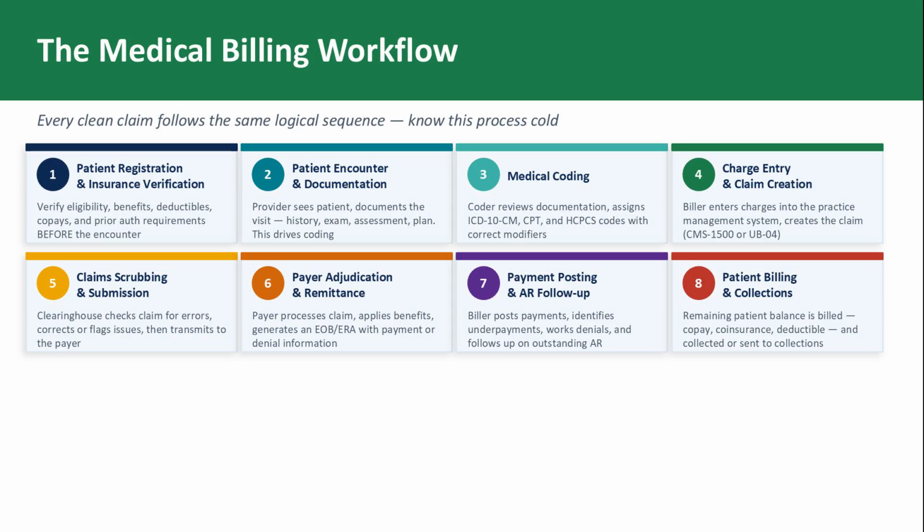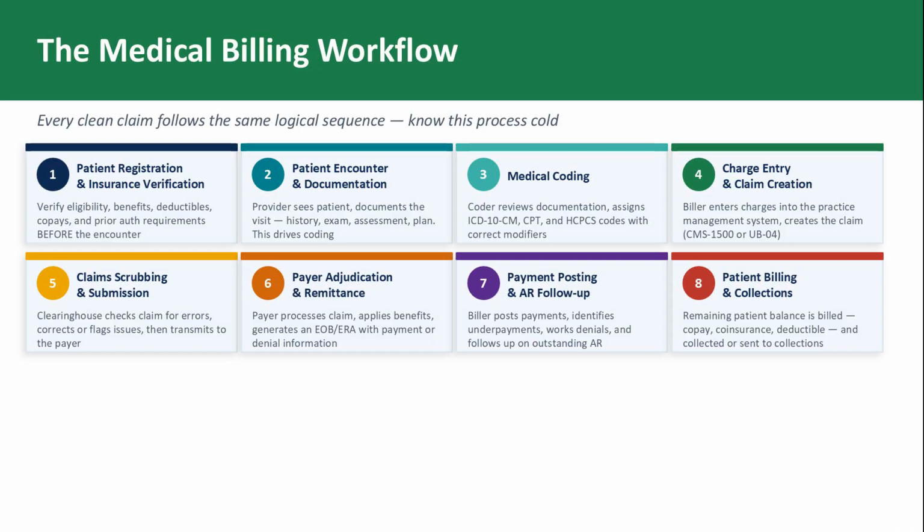Step 4. Charge entry and claim creation. The biller enters the codes and charges into the practice management system, which generates the claim form, either a CMS 1500 for professional services or a UB-04 for facility services. Step 5. Claim scrubbing and submission. The claim goes through a clearinghouse, a third-party electronic intermediary, which checks it for errors, missing fields, and code edit issues.